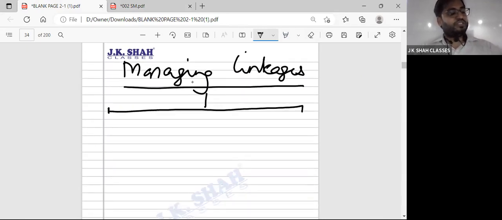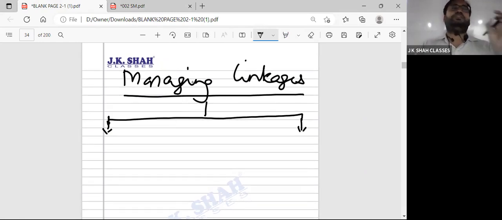What do you understand by linkages? Linkages means coordination. How well the organization is working depends on the linkages. Whether the organization has coordination amongst the departments.